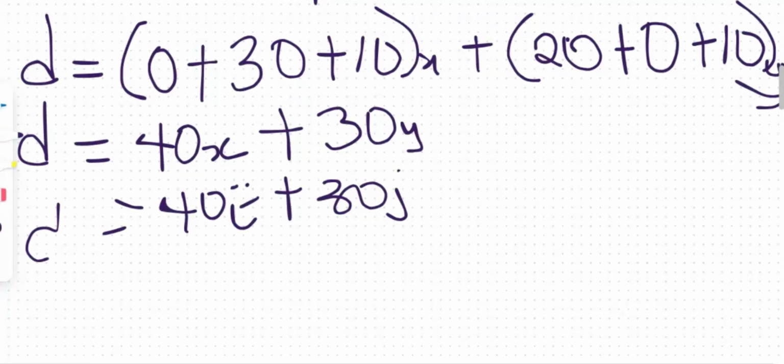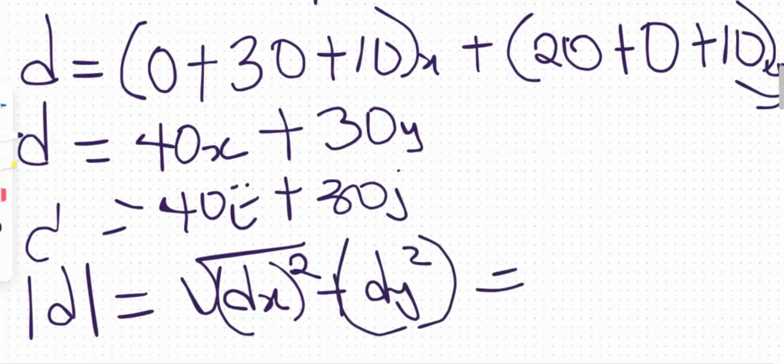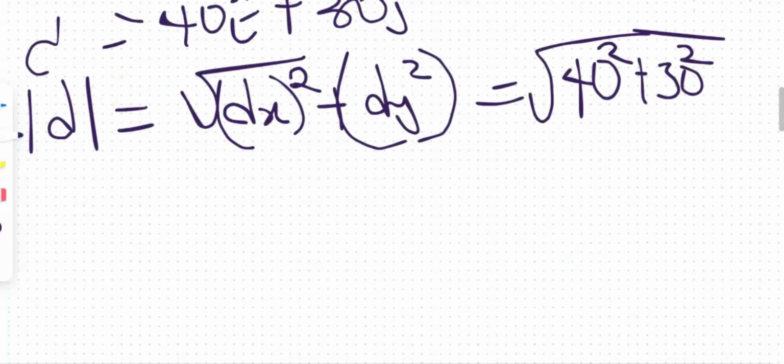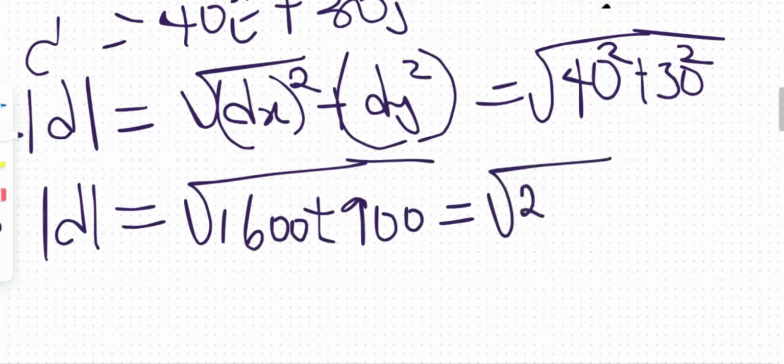And now for us to find the distance, that is the magnitude of d, which would be the square root of dx squared plus dy squared, which equals the square root of 40 squared plus 30 squared. That is 1600 plus 900, and that would yield the square root of 2500 centimeter squared.